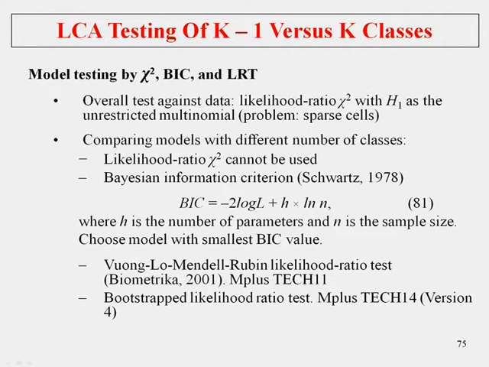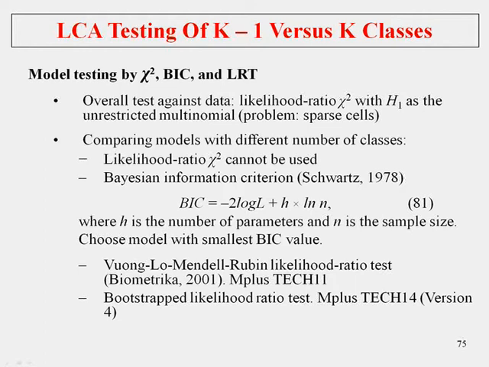That's chi-square difference testing, it's called, and that difference test follows a chi-square distribution under certain circumstances. But it cannot be used because, say, if you test a 2-class model against a 3-class model, the 2-class model is a special case of the 3-class, but a special case where the probability for the 3rd class is 0. And that's a parameter that's on the border of its admissible space. And that's a bad thing.